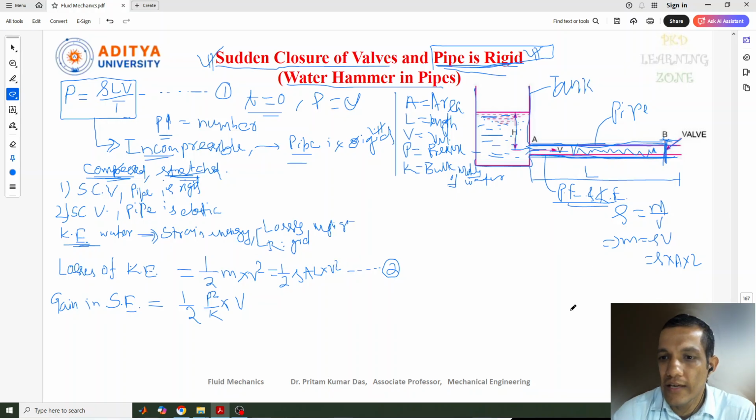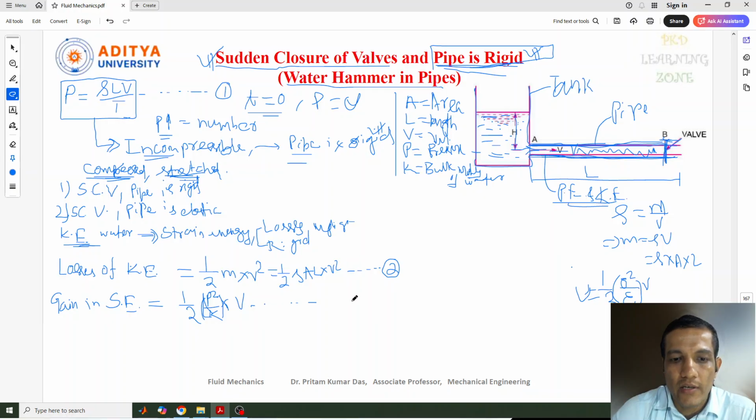As I told you, we can also consider half into sigma square by epsilon into V. Similarly, this is also a formula for strain energy. We can write the same thing this way also: P square by K into V. So this is equation 3.